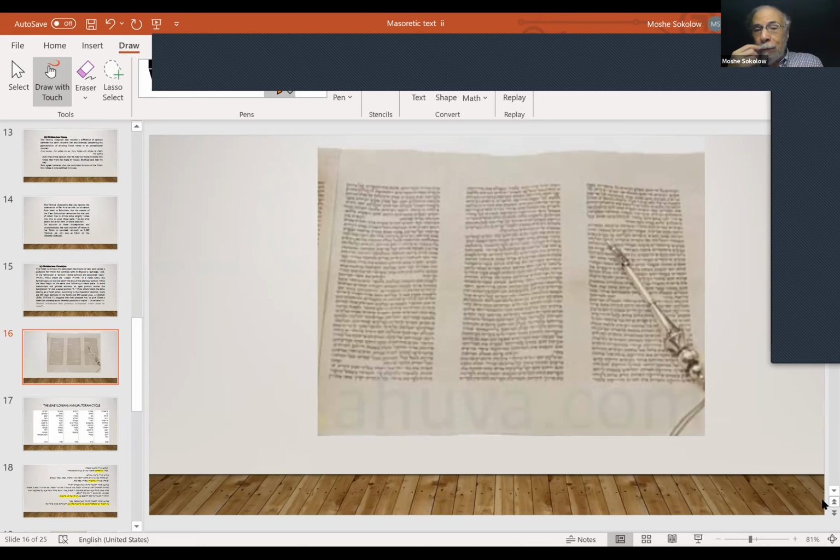Look 5 lines from the bottom of the text, and here you see that the first word on the line ends the previous parasha, right? But the next parasha starts on the same line after a considerable space is left.